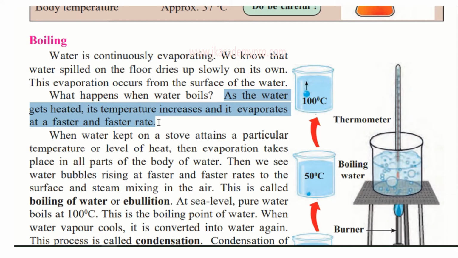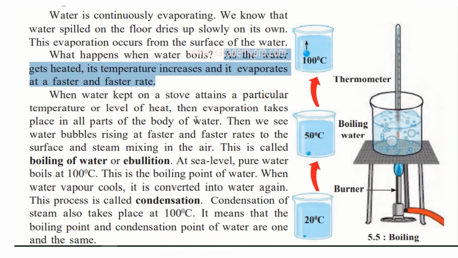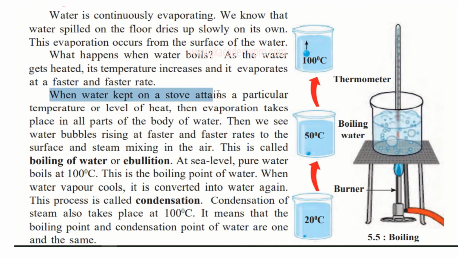So when we heat the water, it starts evaporating at the surface as the temperature increases, and as you continue, the rate of evaporation goes faster and faster. When water kept on a stove attains a particular temperature, evaporation takes place in all parts of the body of the water.